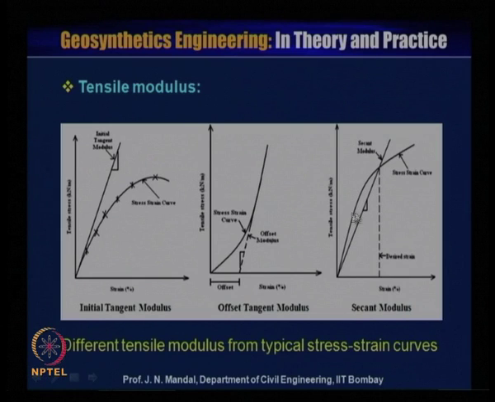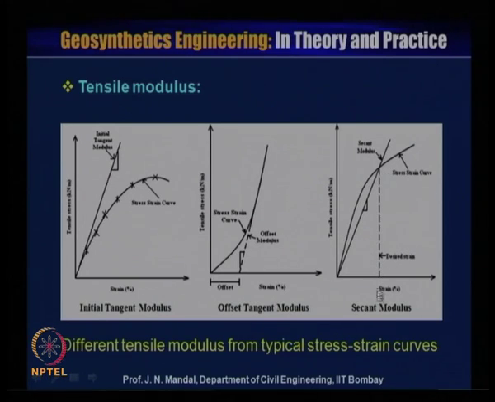And this figure also shows the relationship between tensile strength and the strain, and you can see this is the nature of the curve for the geotextile material, and we want to calculate the secant modulus.